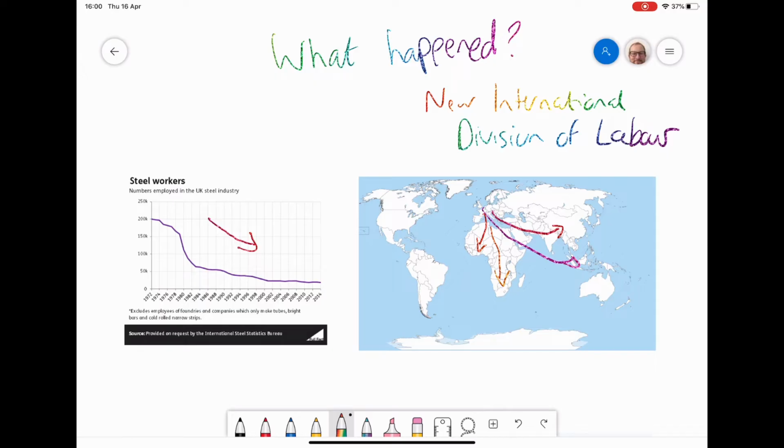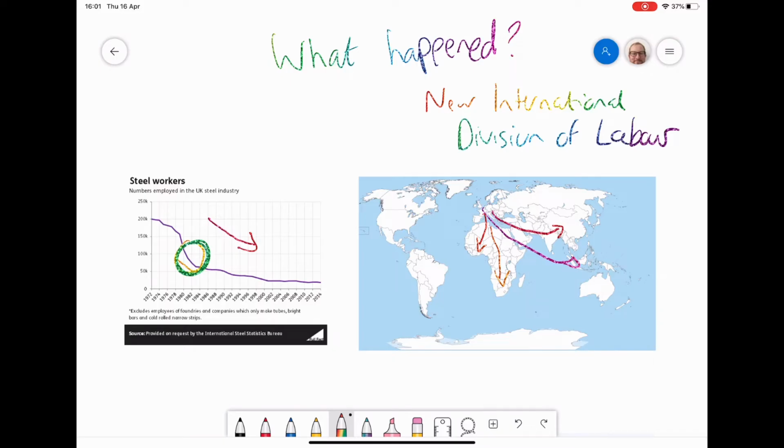For example, with steel it would be Sheffield, a place where the entire city would have functioned around steel and similar related industries like coal mining, and with the loss of these major industries in the late 70s, early 80s, we see huge unemployment and the knock-on negative multiplier effects that are caused by that.